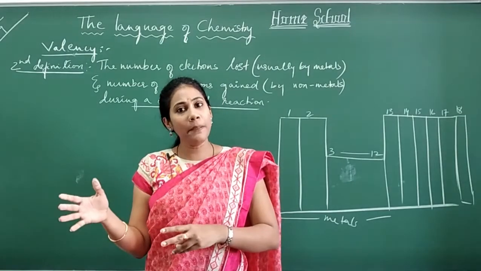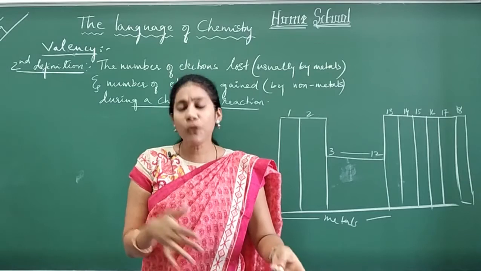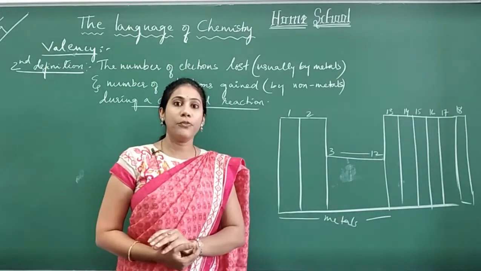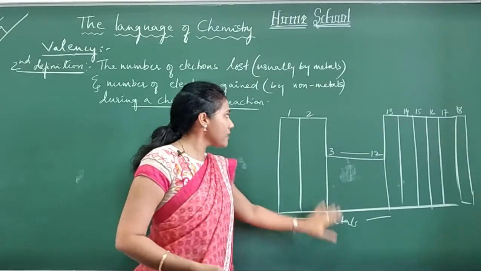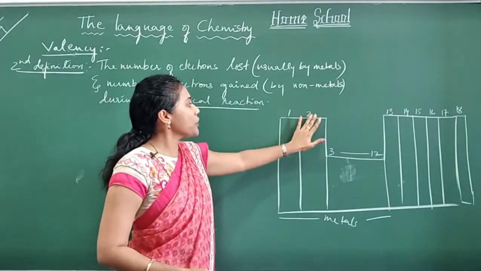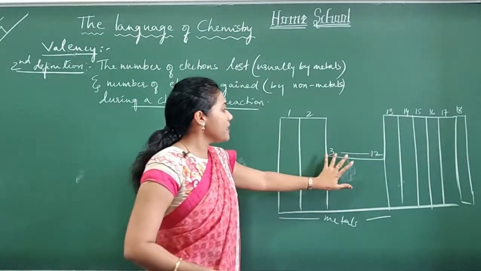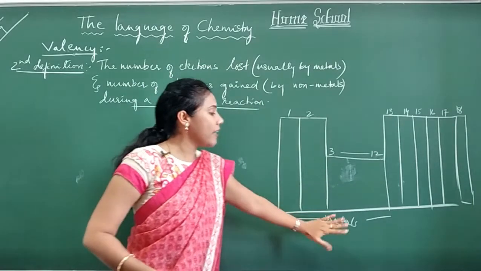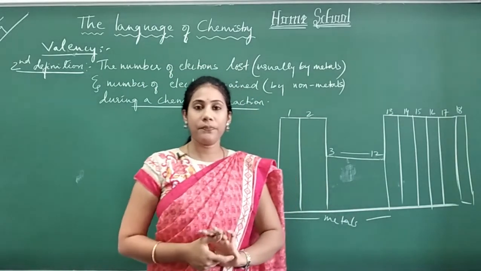So here some elements give electrons, I said. Which elements give electrons? Metals will give electrons. Who are called metals? The elements which come in group 1, group 2, and groups 3 to 12. All these elements are called metals.